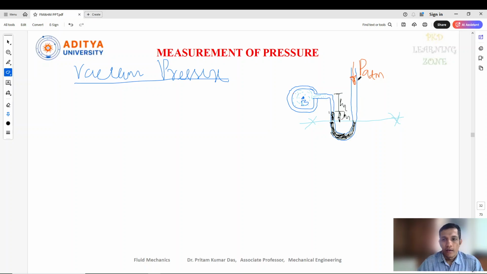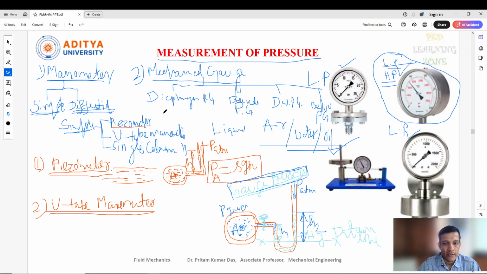Now let's identify the pressure at point B and the pressure at point A. Before that, we need to clarify that H1 equals the height of the light liquid above the datum line.